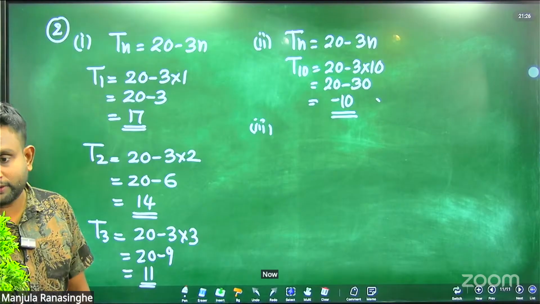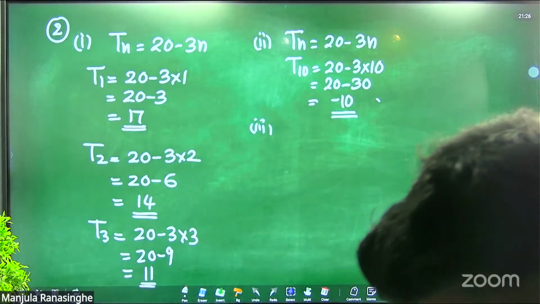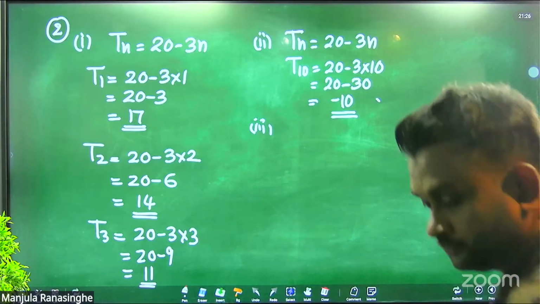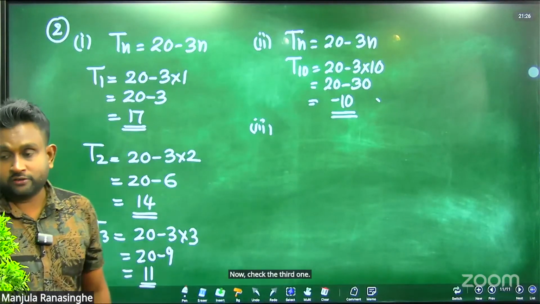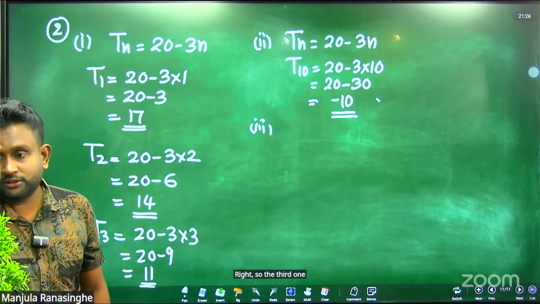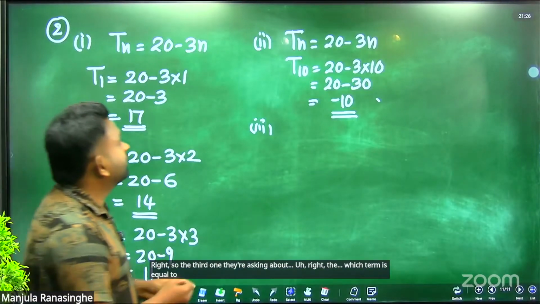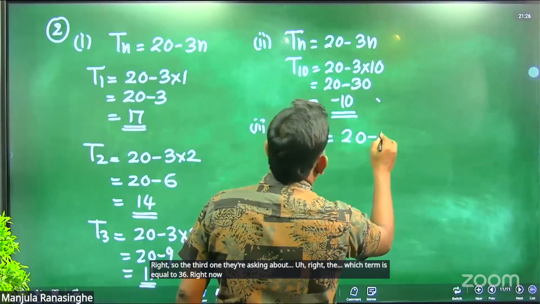Now check the third one. Right, the third one they're asking is which term is equal to 36. Now, be careful: Tn equal 20 minus 3n.